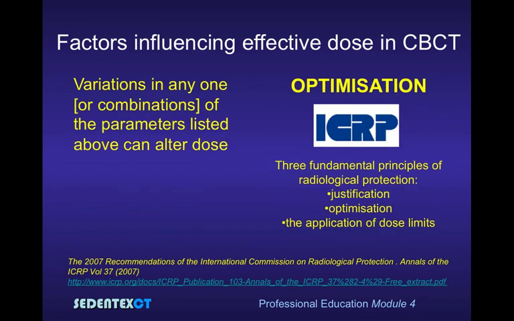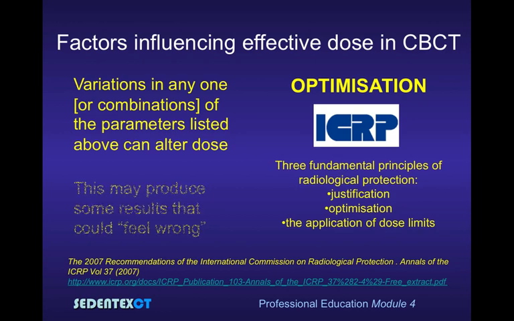So, having covered all these factors which can influence the dose given in a cone beam CT examination, it's clear that variations in any one of these parameters will alter the radiation dose. This is complicated by the fact that you may have combinations of variations in these factors. And this may produce some results for effective dose that could feel wrong.